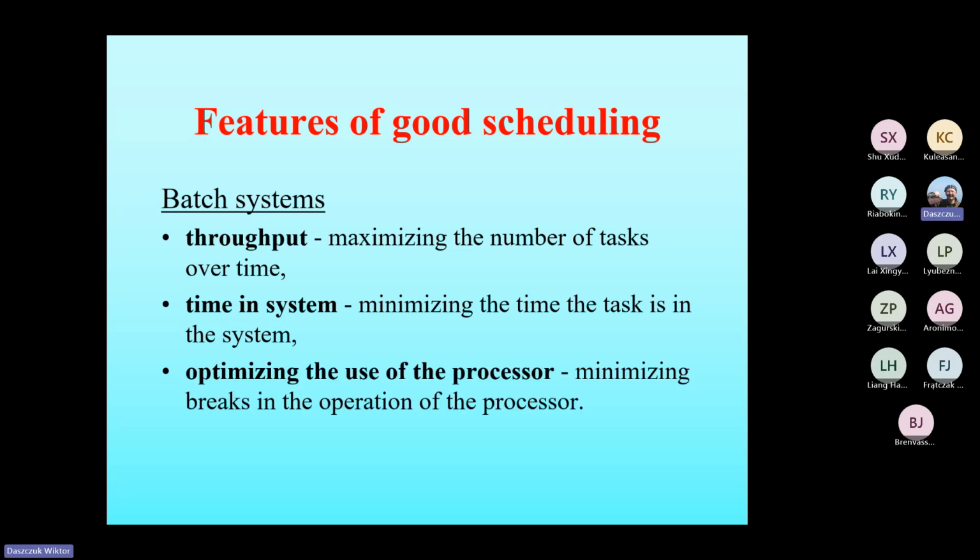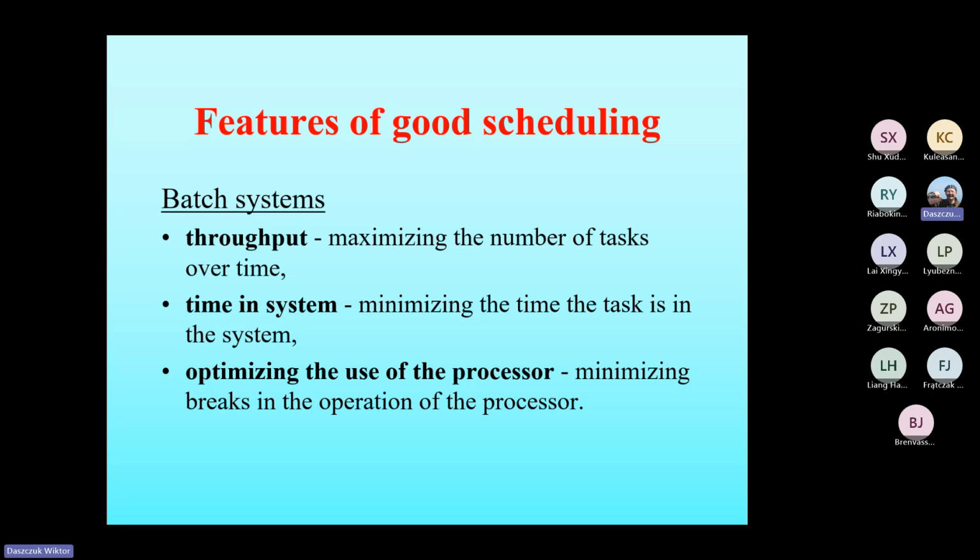And recall, the main reason for establishing batch processing was utilization of the processor. Because formerly, before the invention of interrupts, the processors spent time testing the devices.